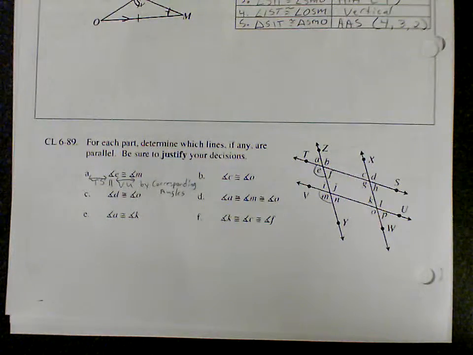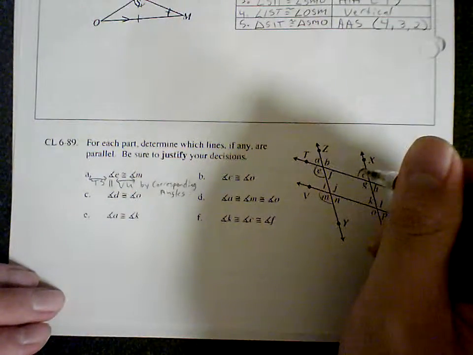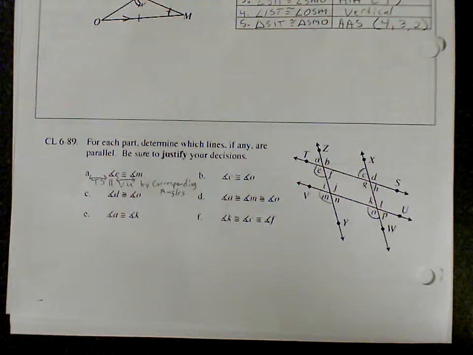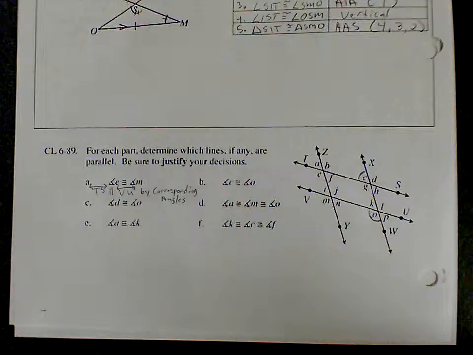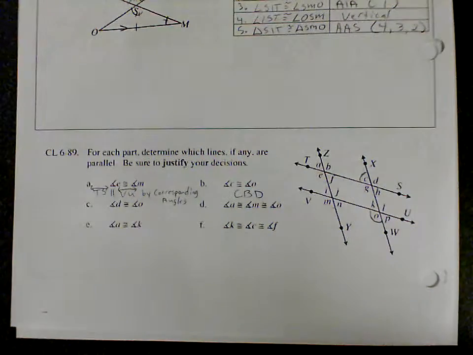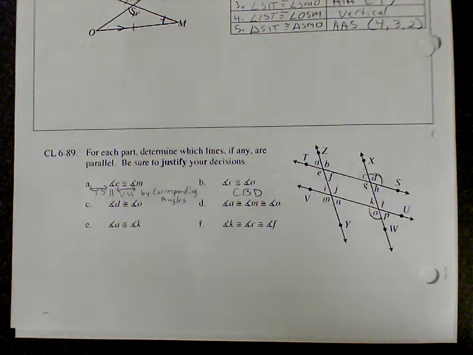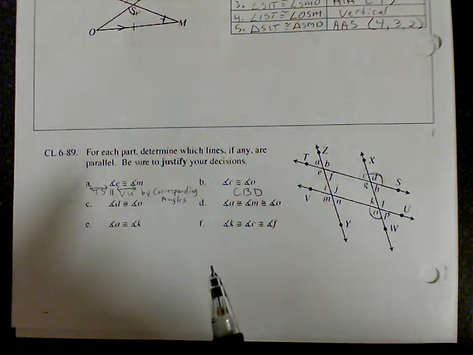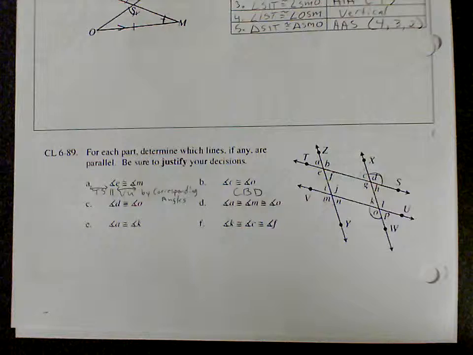All right, question B. So we know angle C is congruent to angle O. So do we have any angle relationships with those? We do not. So we're just going to write CBD, therefore cannot be determined. All right, let's look at letter C. Letter C is now angle D and angle O. So now go ahead and tell me, first of all, are they parallel?